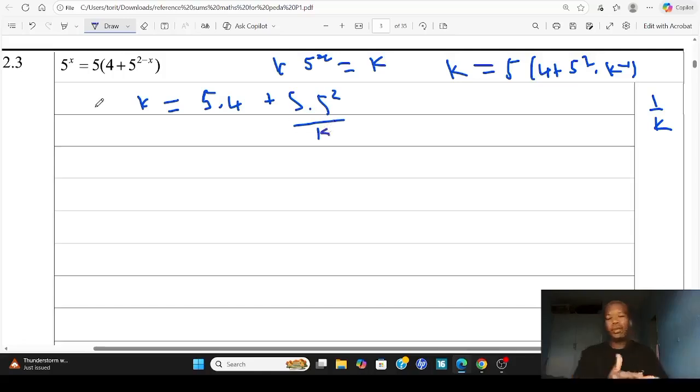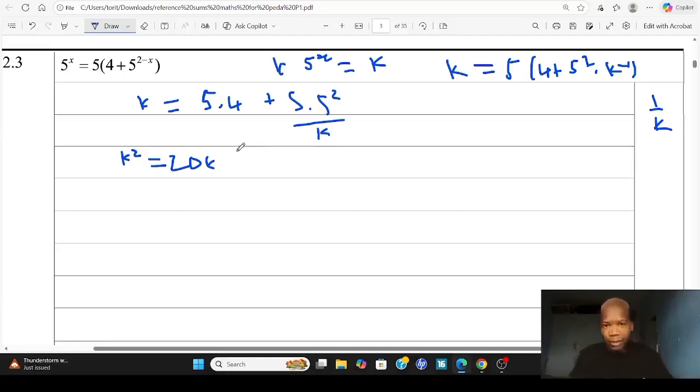Then we can cross multiply so that we have a much simpler equation. So we have k squared is equal to 20k, right? So we know 5 times 4 multiplied by k is equal to 20k.